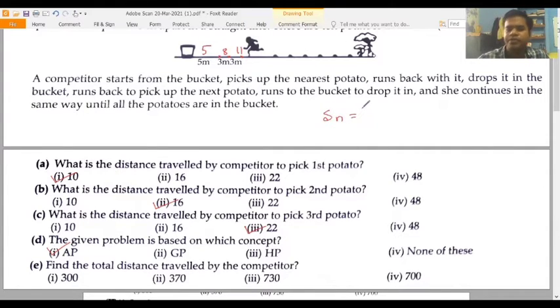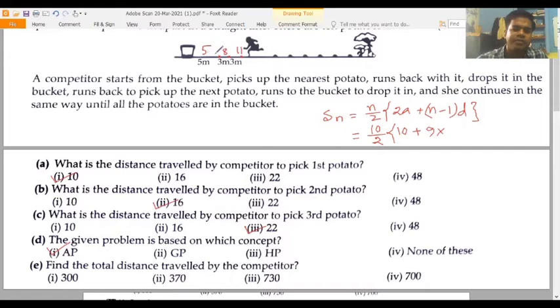For this we'll use the formula Sn equals n by 2 into 2a plus n minus 1 into d, the sum of an arithmetic progression. Here n, how many potatoes? 10 potatoes, so n equals 10, and a is the first number, 5, so 2a is 10, plus n minus 1, that is 9, into d, the common difference.